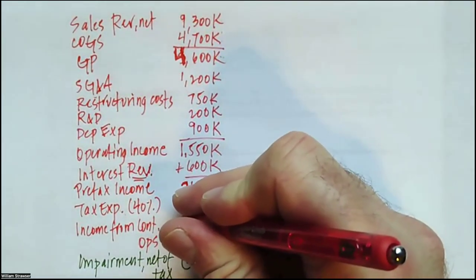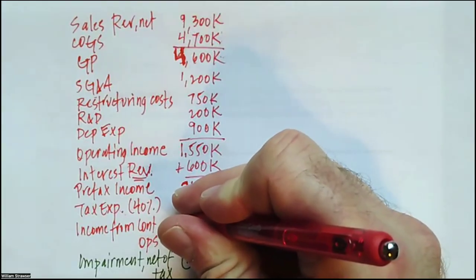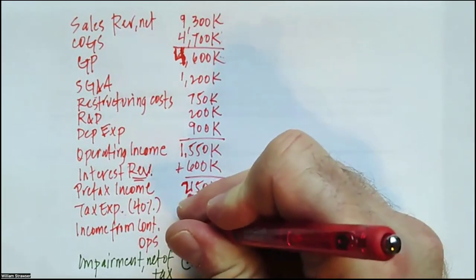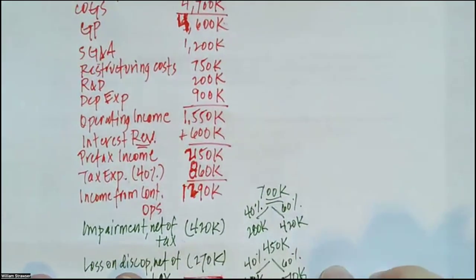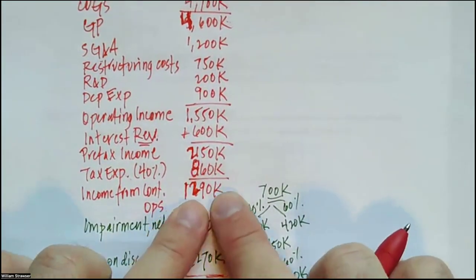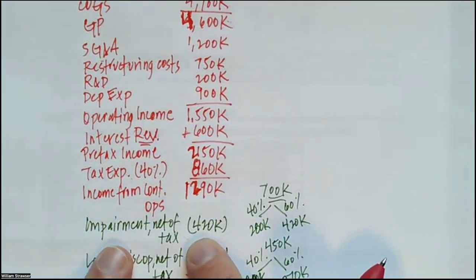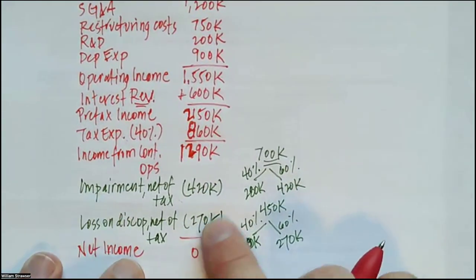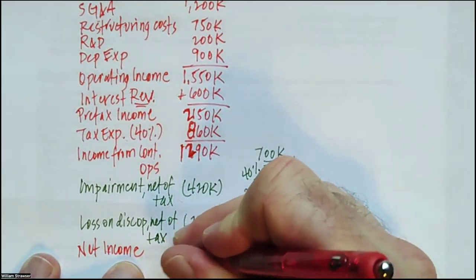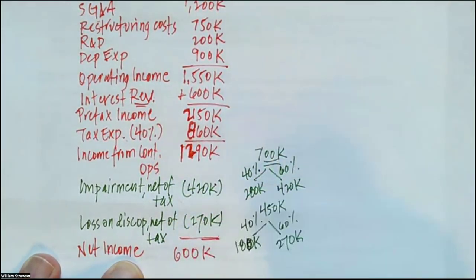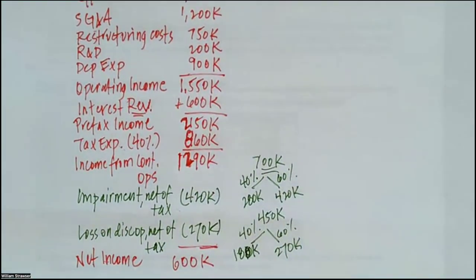It should be 1,290. Okay, I didn't even have to scratch out numbers, thank God. So that should be 1,290,000. These are unaffected. But of course, now 690 will result in $600,000 in net income. So now we're on point.